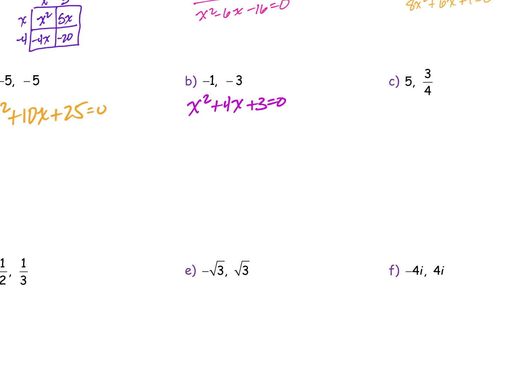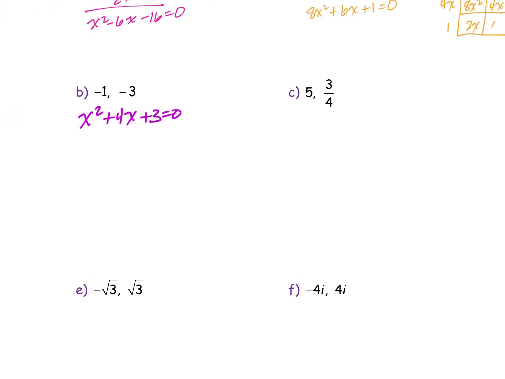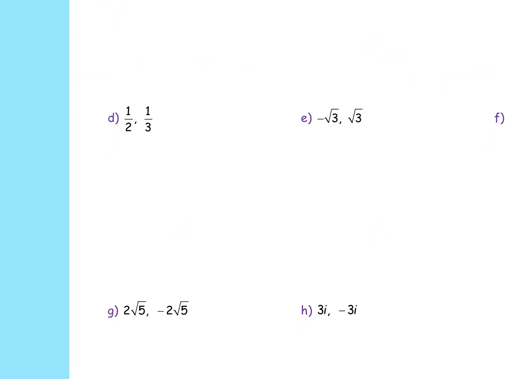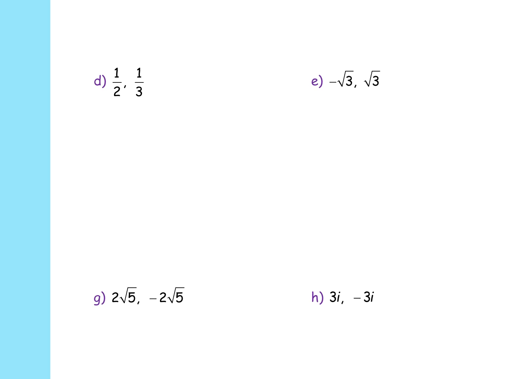We're okay there? Awesome. And then for C, I got 4x squared minus 23x plus 15. Good? Okay. D, what did I get for D? 6x squared minus 5x plus 1 equals 0.